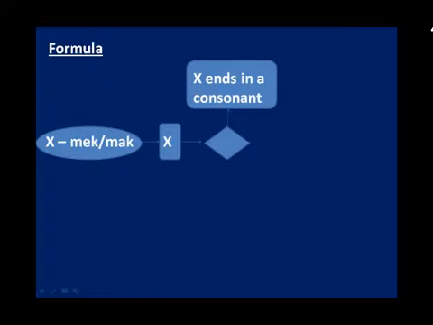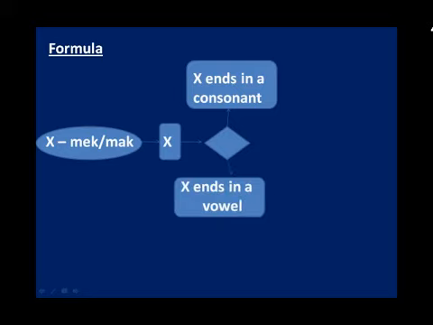So our formula is, when you have a verb, x-mek or x-mak, x is the verb root, right? So first of all, we omit the infinitive and get the verb root, x here. And then you have two possibilities. First one, x either ends in a consonant or ends in a vowel, right?